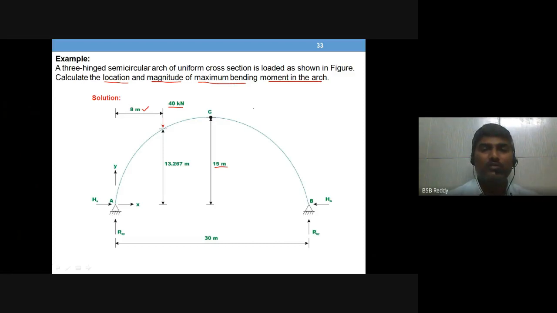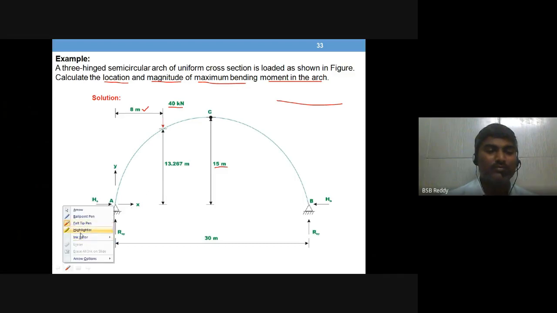Now let us see how to proceed for the solution. So we will come from the question: maximum bending moment, if you want, in the arch. Just think, in case of a beam, you have a point load acting on a beam, right? Just a point load. So where do you expect your maximum bending moment to occur? For example, you have a simply supported beam.